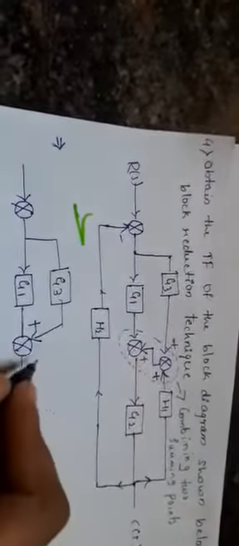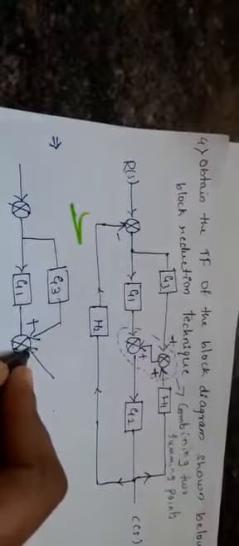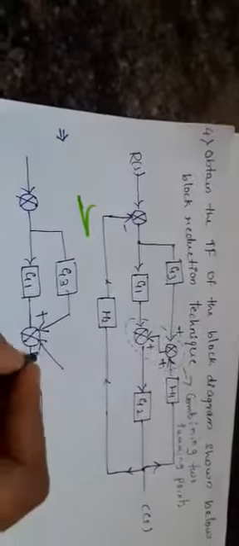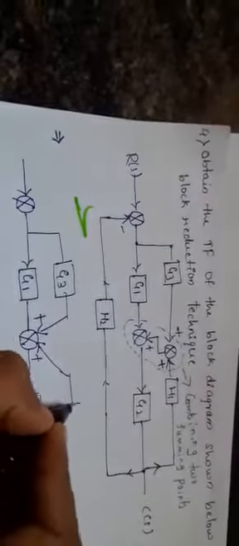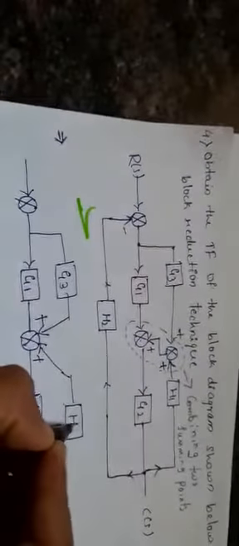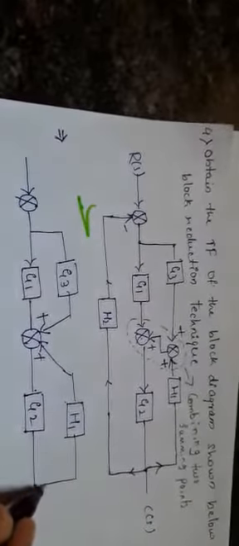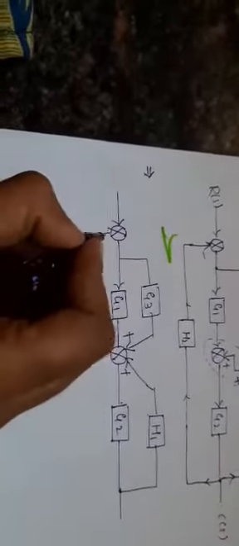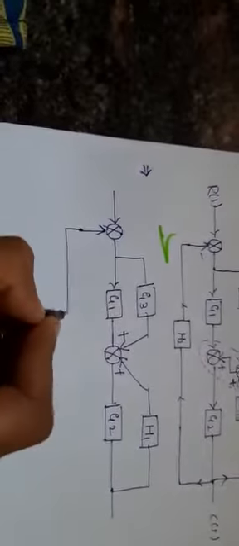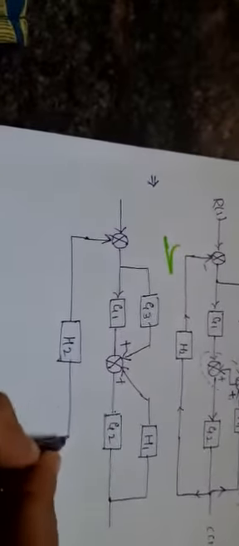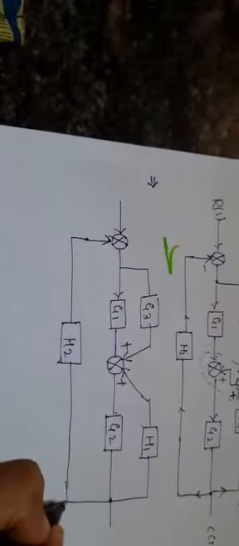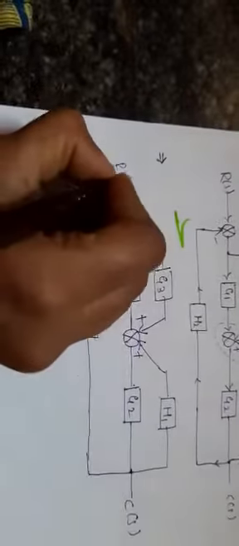Plus and plus, so plus as it is. This one is H1, and all the other things we draw as they are. H2. This is our C of S, this is our R of S.